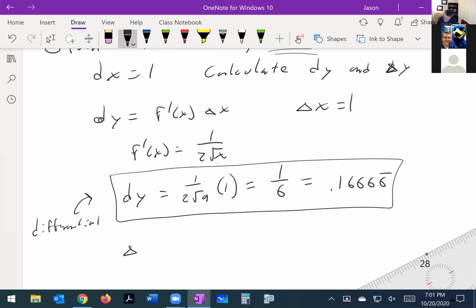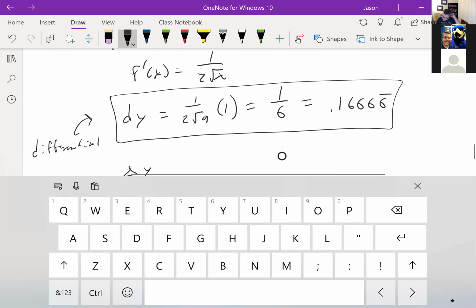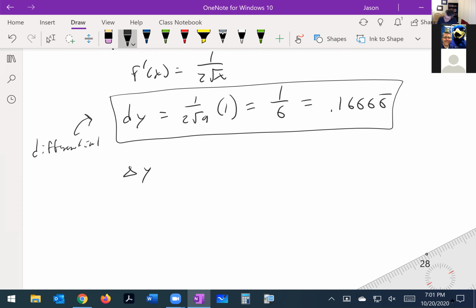Okay, what's the change in y here? Well, the change in y over the change in x is equal to f of x2 minus f of x1 all over x2 minus x1. So the change in y is just the top here.